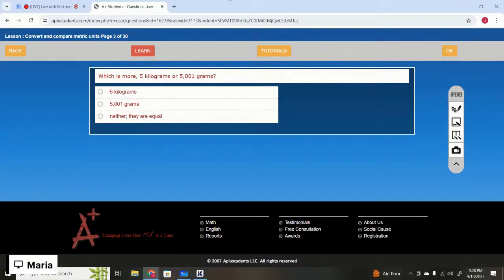Which is more, 5 kilograms or 5001 grams? 5001 grams is more than 5 kilograms because 1 kilogram equals 1000 grams. So 5 kilograms equal 5000 grams.